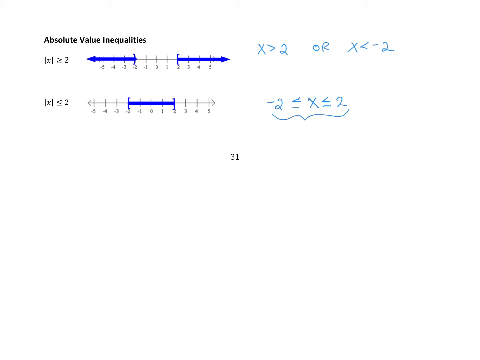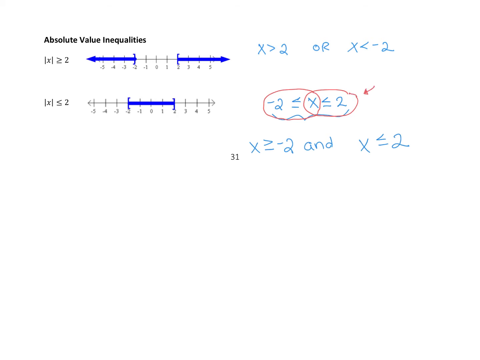We could also write it as x has to be less than or equal to 2 and x has to be greater than or equal to -2. So it's really these two inequalities separately. However, working with a chain is a little bit easier.